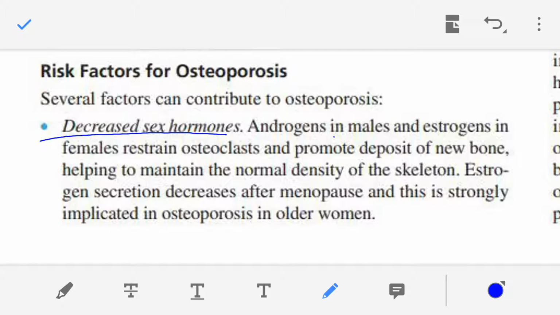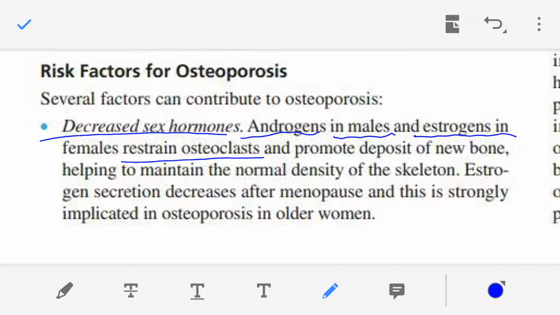In males, androgens are there, and in females, estrogens are there. During young age, in males androgen, and in females estrogen, restrain osteoclast activity. Restrain means androgen and estrogen are slowing down the activity or action of the osteoclast.